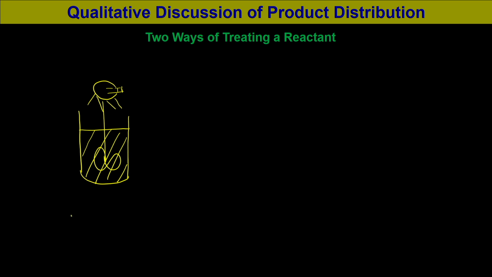So, our reaction is A to R to S. Now, how will this product distribution change?